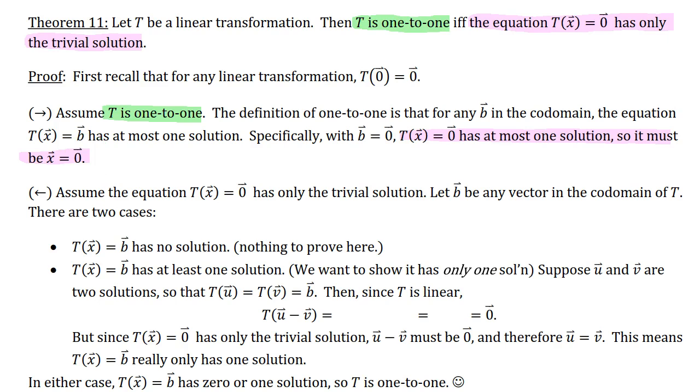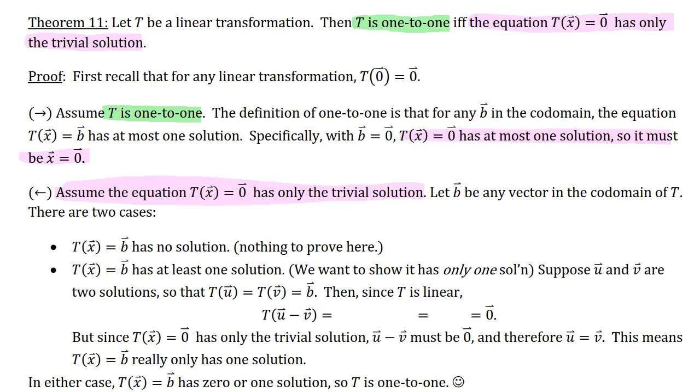Now let's go backwards. We're going to assume this part and then prove that it's 1 to 1. So if we assume that this equation has only the trivial solution, let's see what we can do.